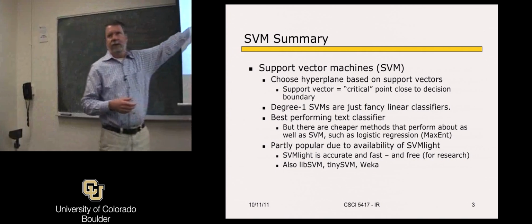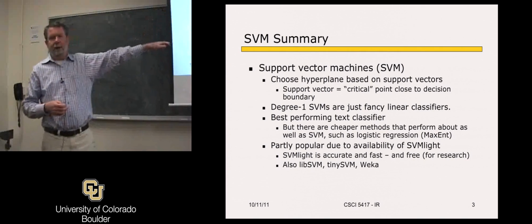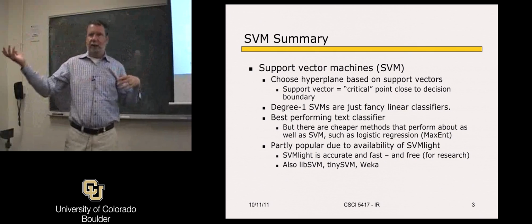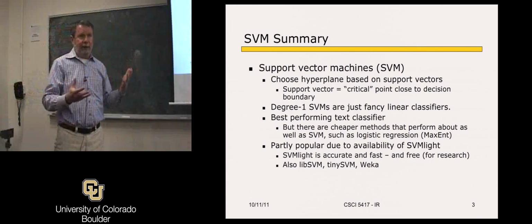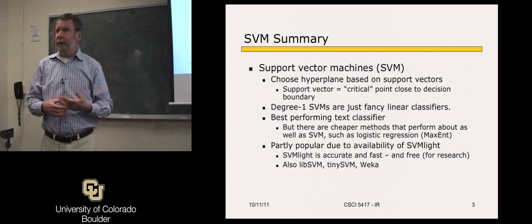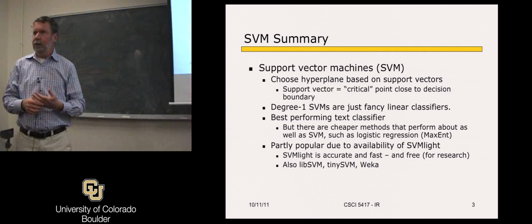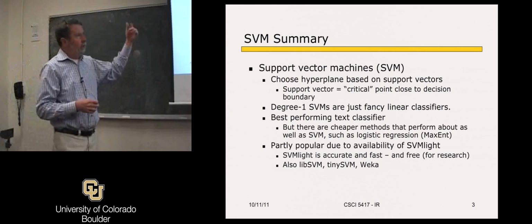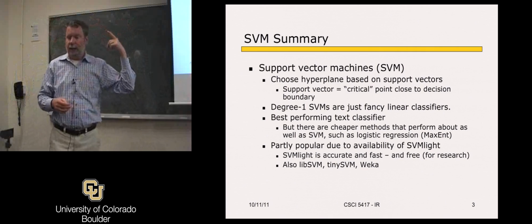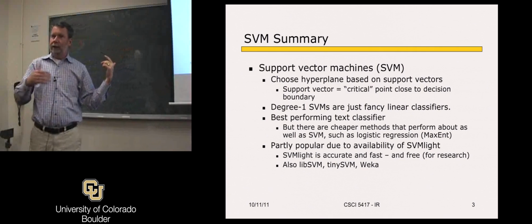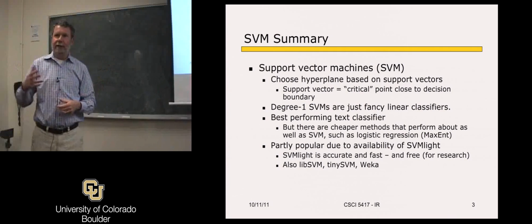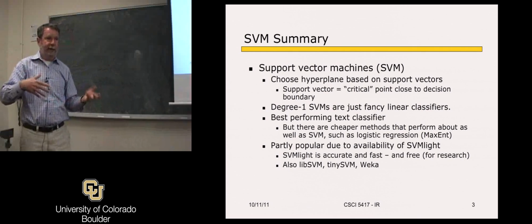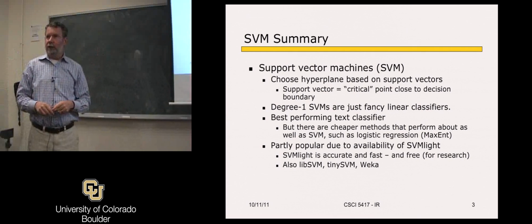And when you're talking about advanced machine learning methods, whenever anybody says method X is cheaper than method Y, what they're really talking about is training time, because that's usually where the critical resource problems are.